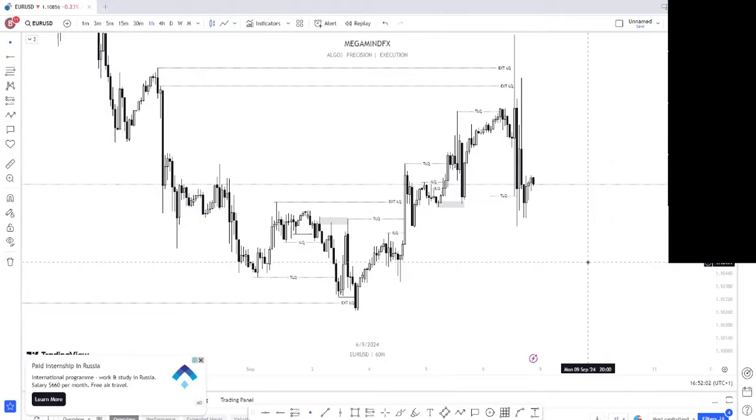These are areas you will surely have price react for, and any of these areas that is violated, price tends to come back to and give you a reaction. So these are the things you trade.